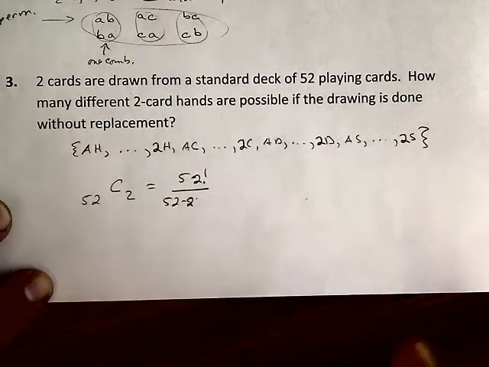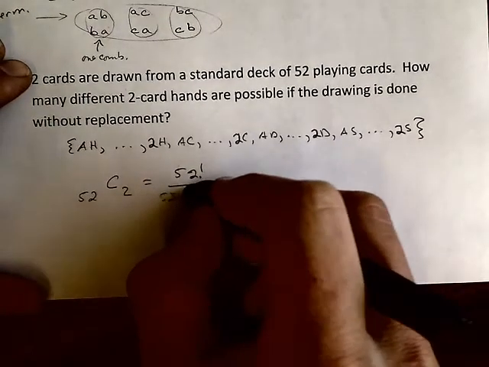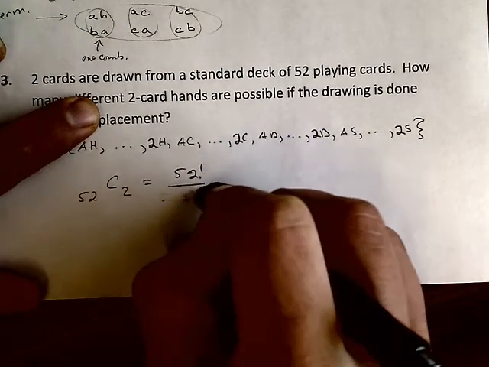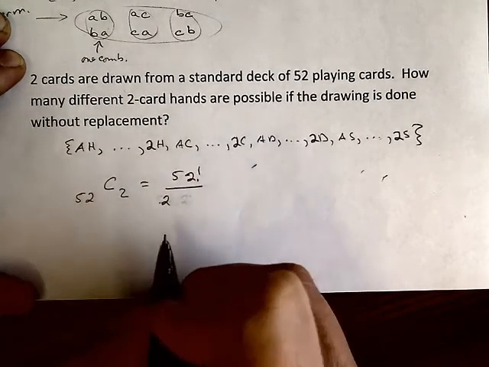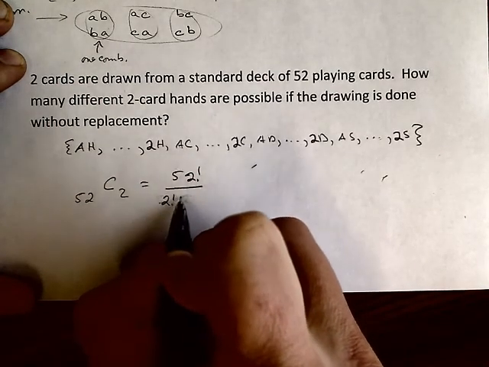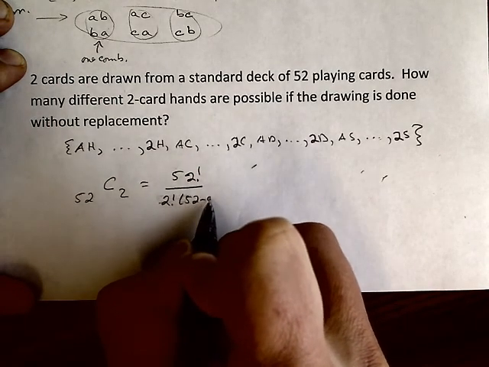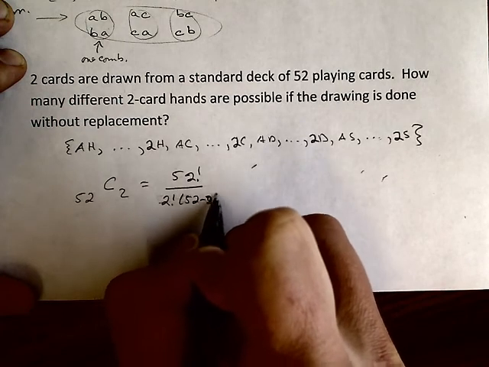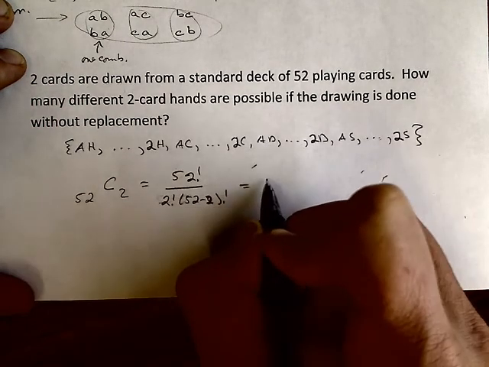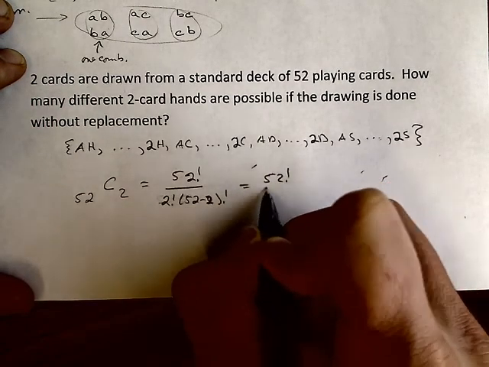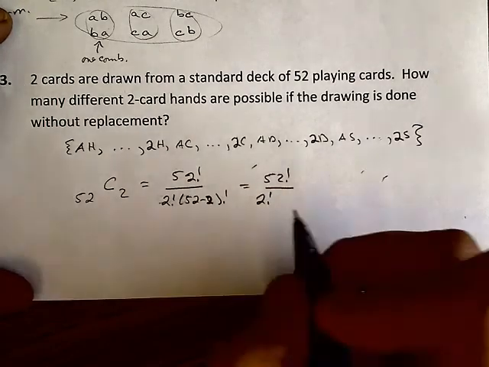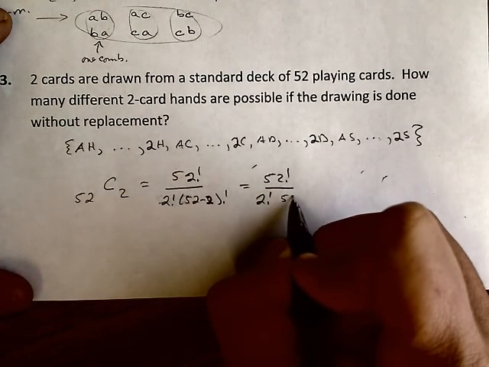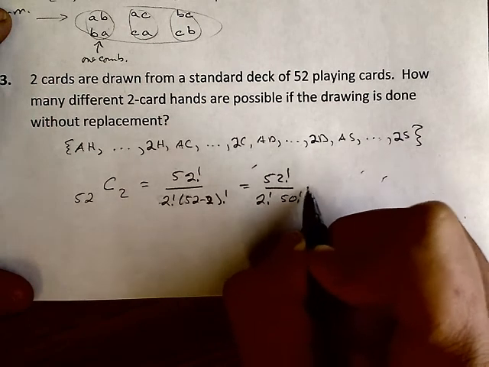Let me back up here. It'd actually be 2 factorial times 52 minus 2 quantity factorial. So on the top I've got 52 factorial, on the bottom I've got 2 factorial, and then here I've got 50 factorial.